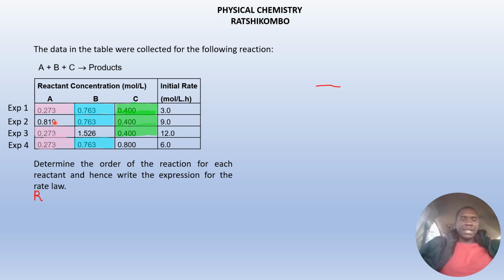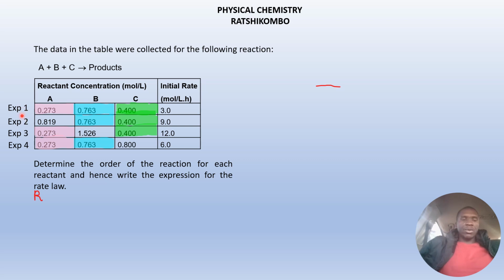So this simply means that the change in the rate was due to the change in the concentration of A, or the changes made on A. So now this gives us a go-ahead to say, if we are only focusing on experiments 1 and 2, let's write the rate.